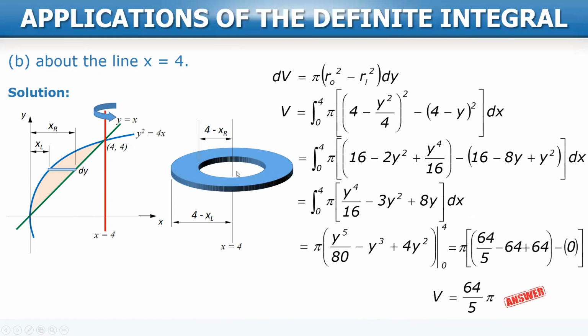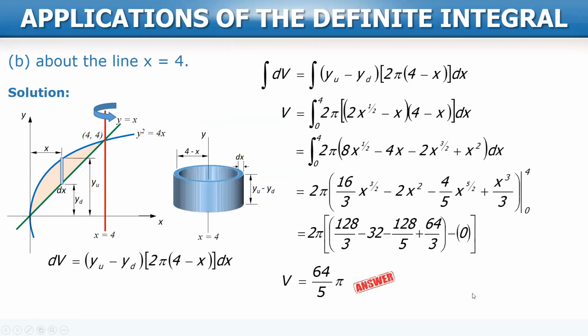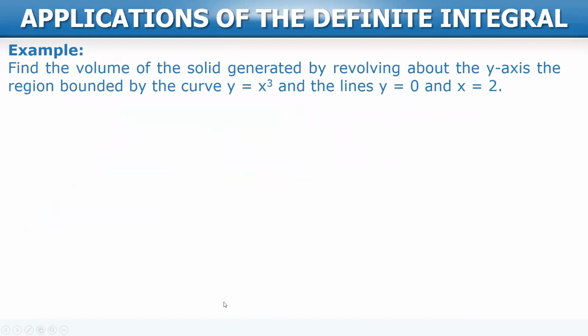Using the circular ring method, but this time we're using the cylindrical shell. And then this problem also: find the volume of the solid generated by revolving about the y-axis the region bounded by the curve y equal to x cubed, and the lines y equal to 0 and x equal to 2.